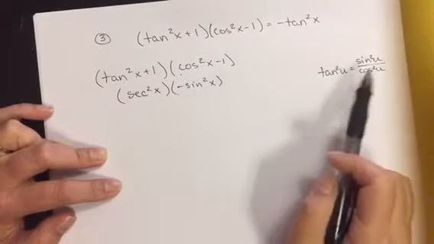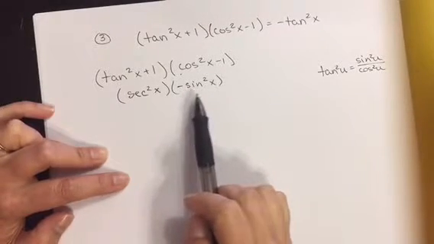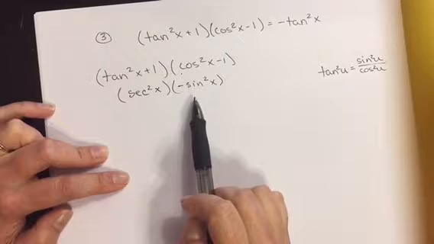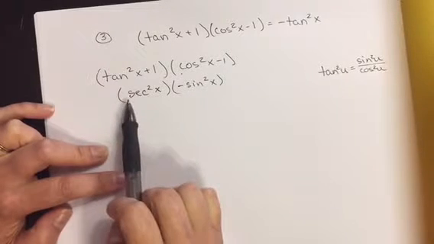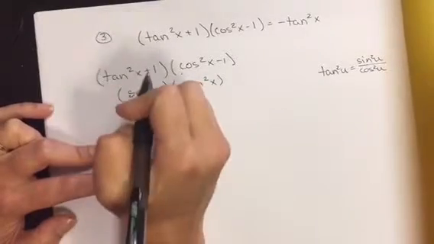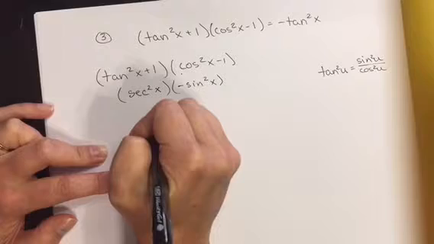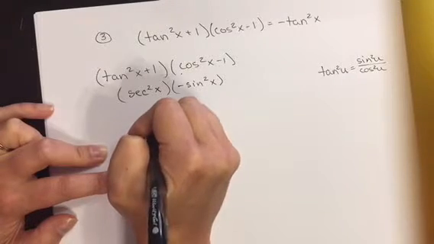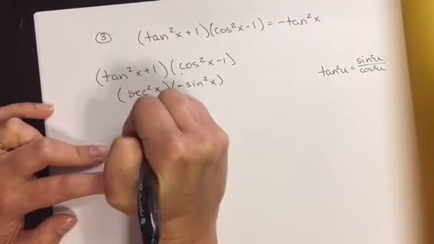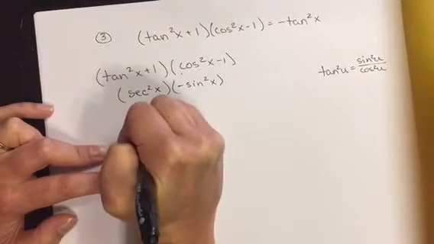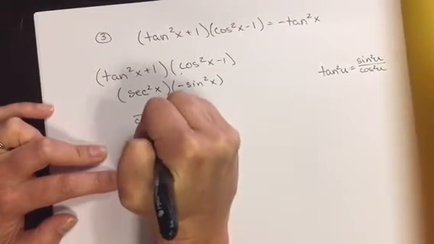So if I can just get this to end up being sine squared over cosine squared, I'll be in good shape. Well, lucky for me, I can use the reciprocal identity because I know that secant squared is the same as 1 over cosine squared. So I'm going to take this secant squared x and make it 1 over cosine squared x.